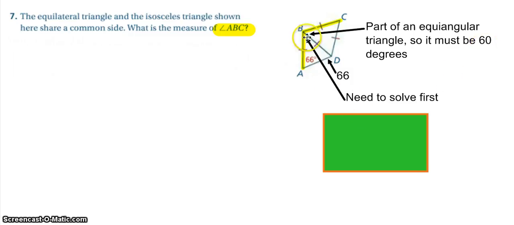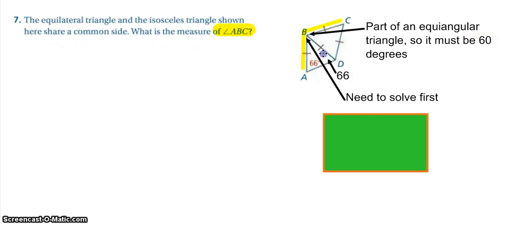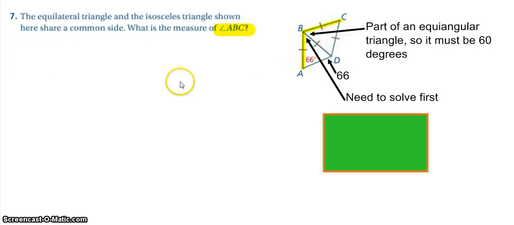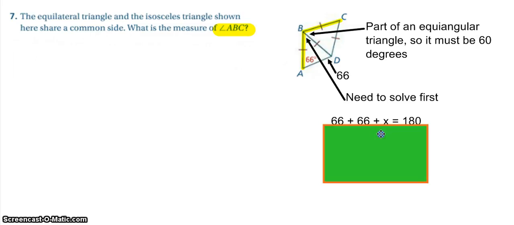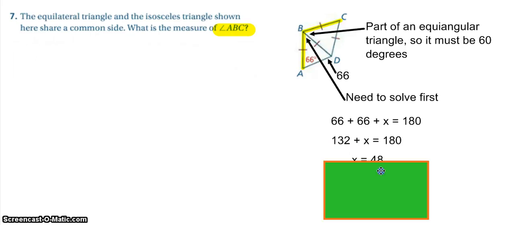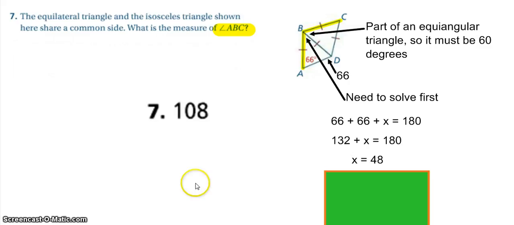Then I need to solve angle ABD, and that is part of an isosceles triangle, so I know that this other base angle is 66 degrees. So I just say that 66 plus x is 180. From there I combine like terms, solve for x, and now to find the real measure of ABC, I need to add these two together, and we get our answer to be 108 degrees.